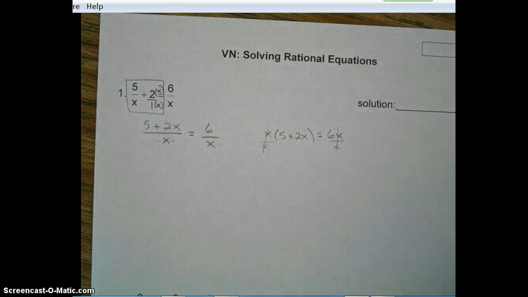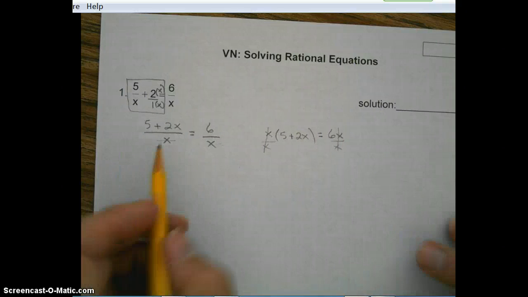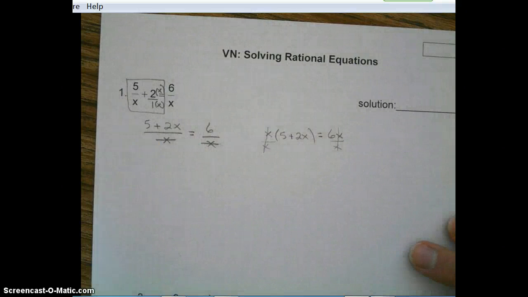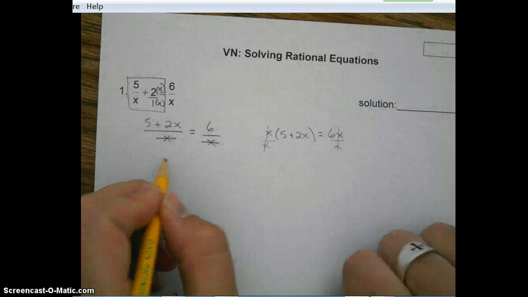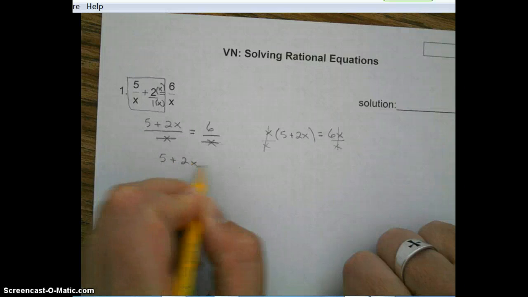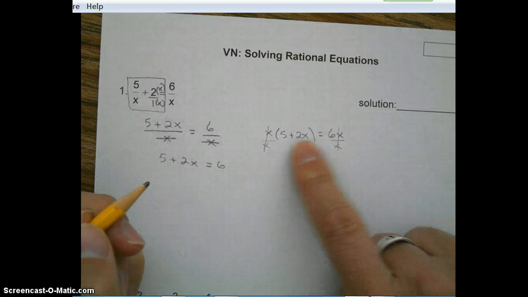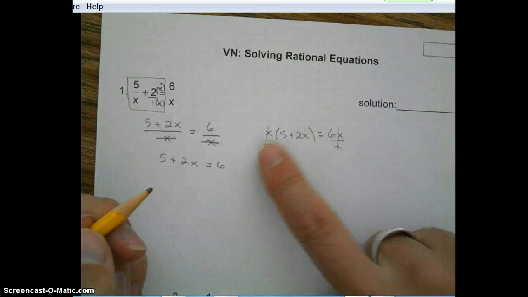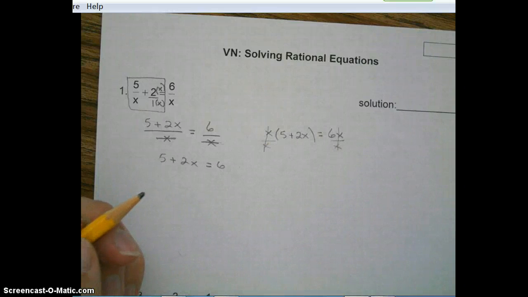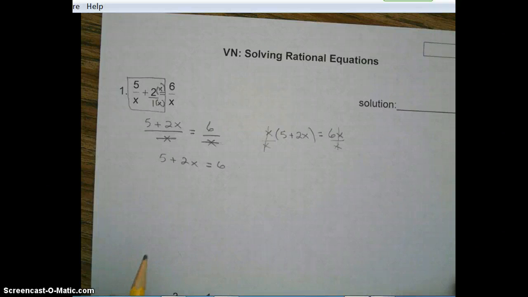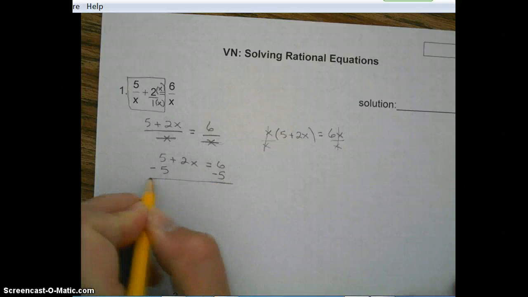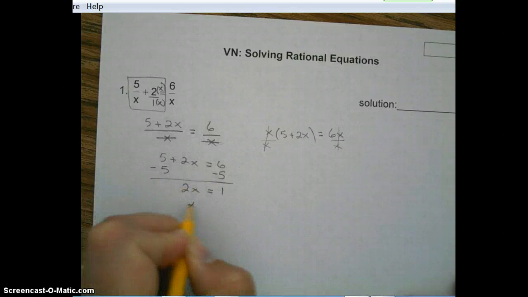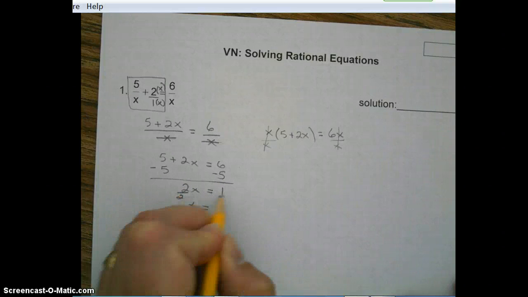So rather than going through all that trouble, if we just cancel out our x's in the denominator, we're going to end up with the same thing. 5 plus 2x equals 6, which is what we would have here once we cancel the x's on both sides. Okay? I hope that was clear. Now all we have to do is solve. So subtract 5 on both sides. x equals, divide by 2 on both sides. So x equals 1/2.